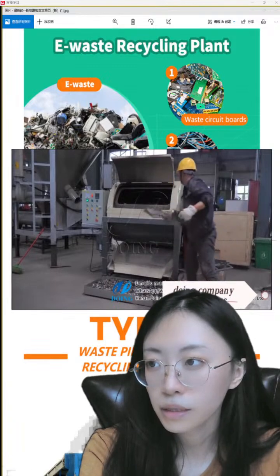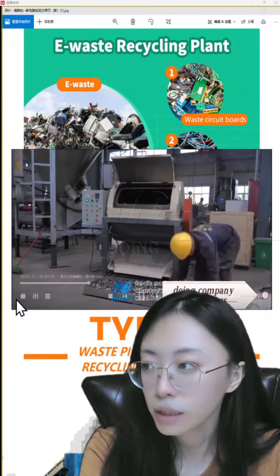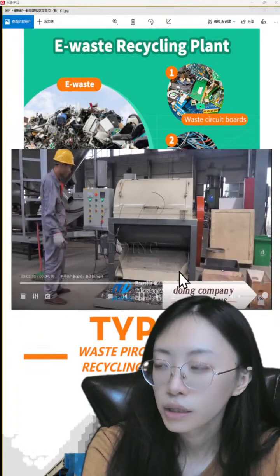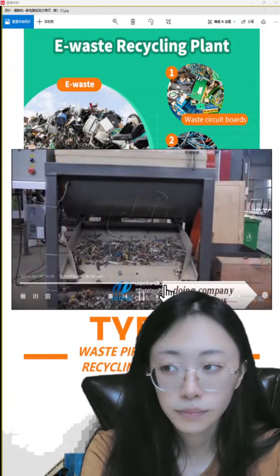Okay, this is the worker who will put the board into the machine, then close the feeding door and open this to heat them.